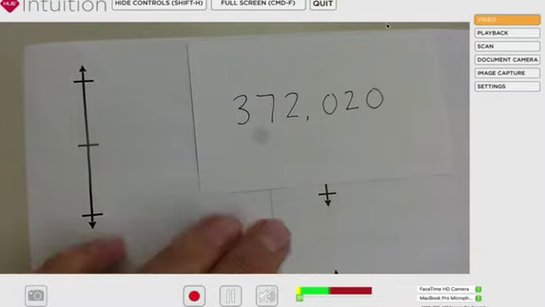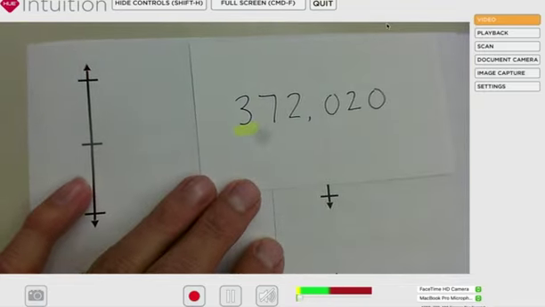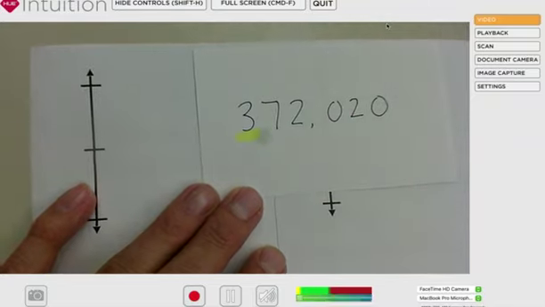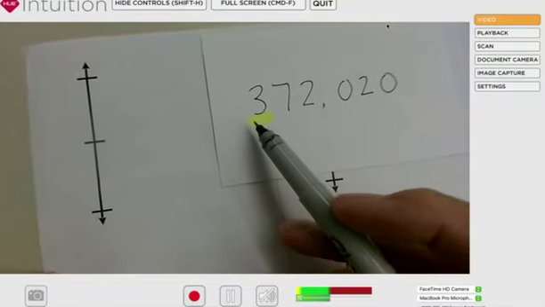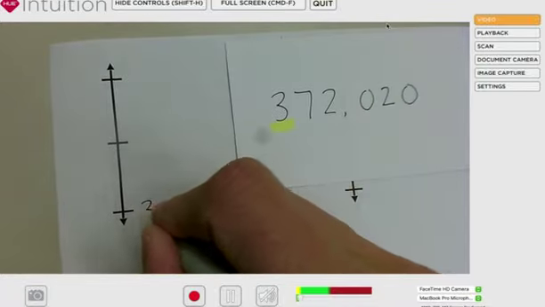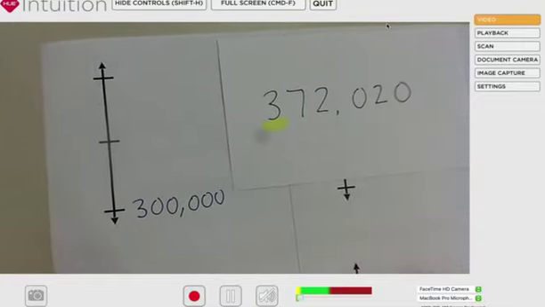This number right here is in the 100,000s place, and we're rounding to the nearest 100,000. So all we need to do is say how many 100,000s are there? There are 300,000. Notice how everything else turns into zeros.